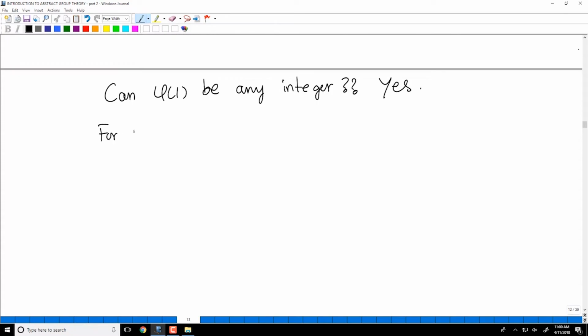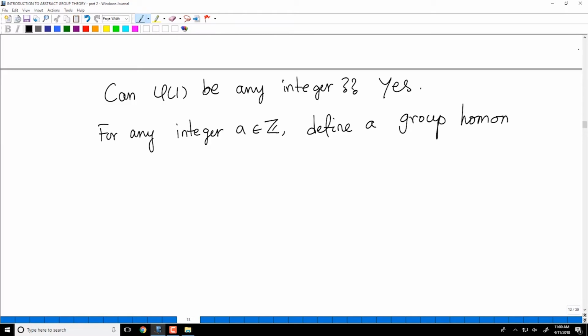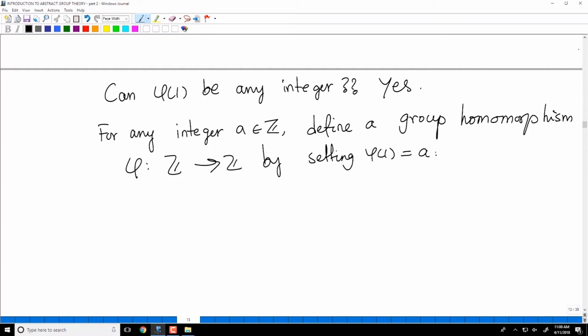So for any integer a, define a group homomorphism phi from Z to Z by setting phi of 1 to be a. Once you set phi of 1 to be a, as I have already noted, every other phi of n is determined, and give me any integer a, I can put phi of 1 equals a, right?